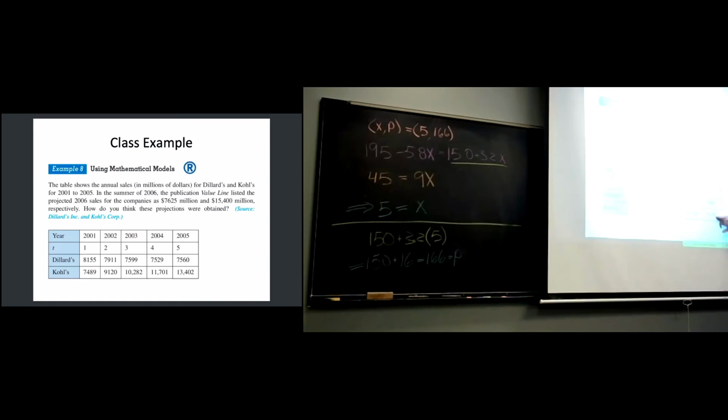All right, so these are cells of different companies for different years. And what they're going to do here is say, all right, based on this data, we want an equation that approximates what's actually happening here. Once we find that equation, then we're going to use it to project what might happen in the future.